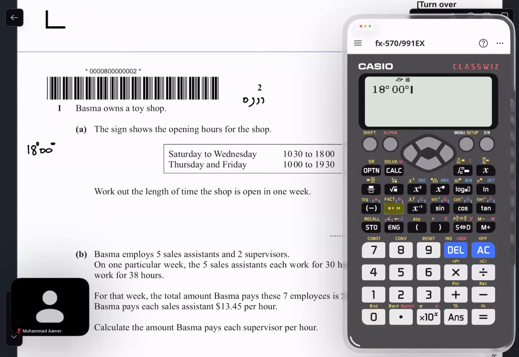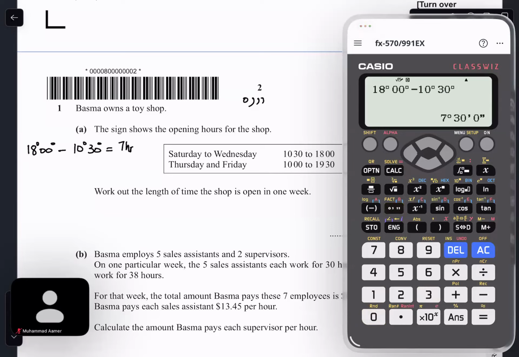Press it again. Minus 10:30. So 10, press this button. 10 hours and 30 minutes. Okay. This is 7 hours, 30 minutes.